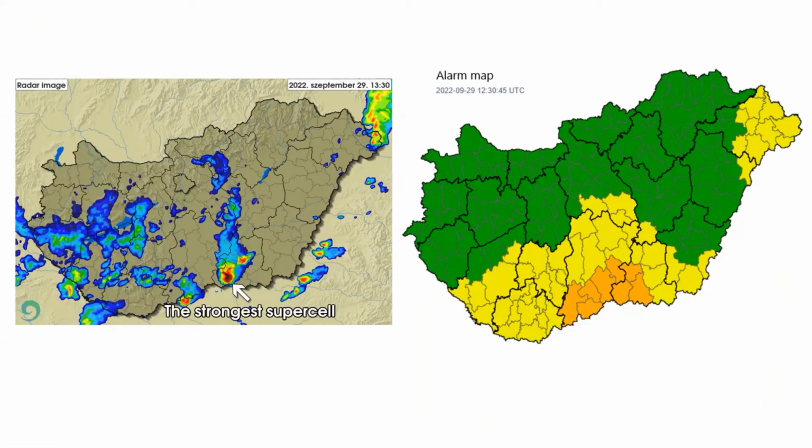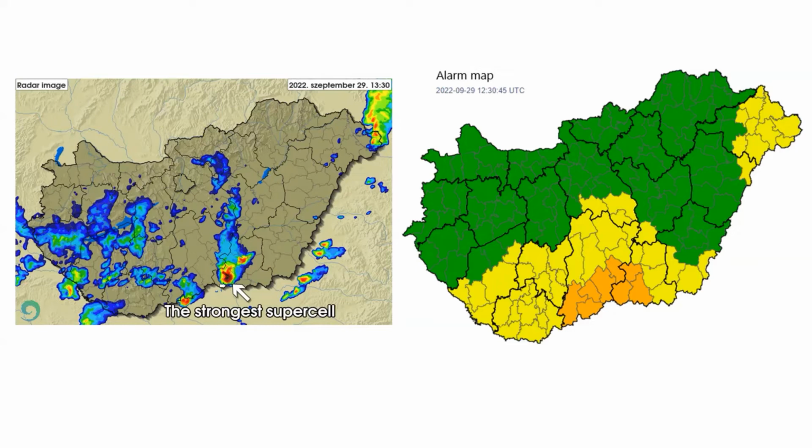So I mentioned that strong thunderstorms could develop, and supercells could develop too. There were some supercells, and you can see the strongest one in this picture near west Szeged.